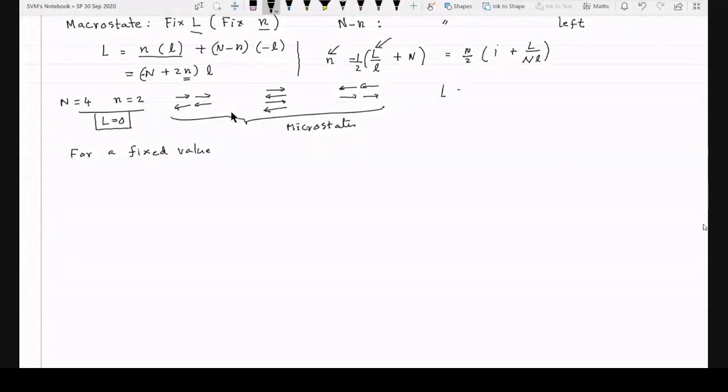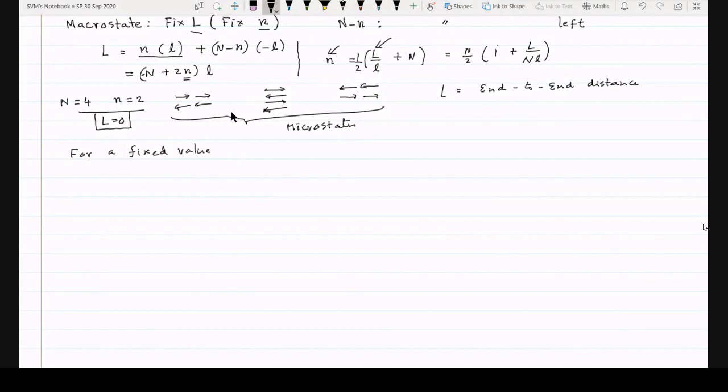Total length is called end to end distance. So if I start here, this is one end, this is the other end. So in 1D, this is 0.